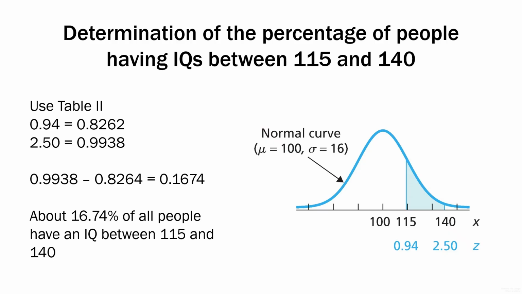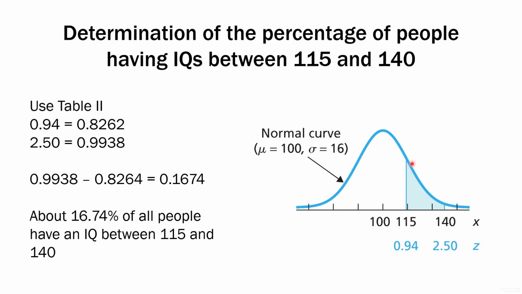Now let's use table 2. We found the z-scores, and we can use those to find the area within the table. So go into your table 2 and find 0.94. This is your z-score, and you will find an area of 0.8262. Then use your z-score of 2.50 and look up the area, and it ends up being 0.9938.